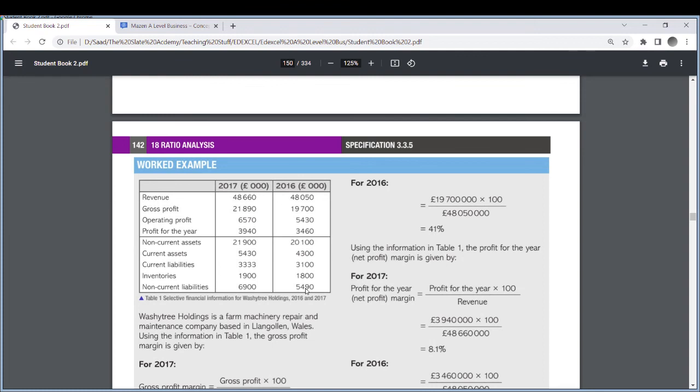No. I did 24,400 minus 8,590, and then I got 15810. To 15810 add the non-current liabilities, 5490.